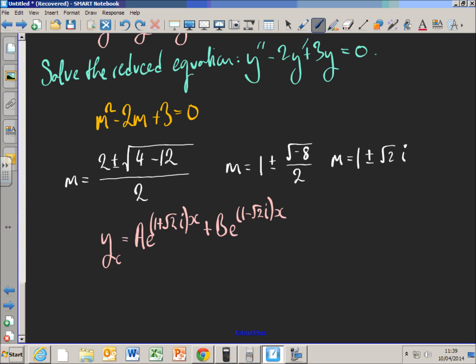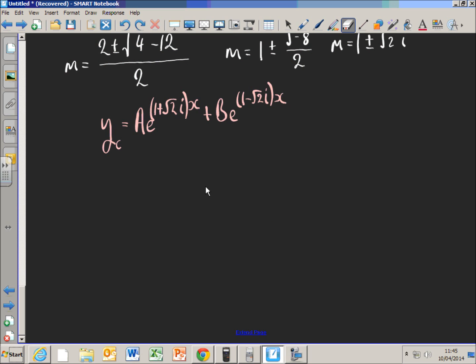Okay, now that doesn't look very nice, but can we do anything with that? You change it into e to the x multiplied by e to the root 2ix. I can change it. What do you want me to change it to? A e to the x.